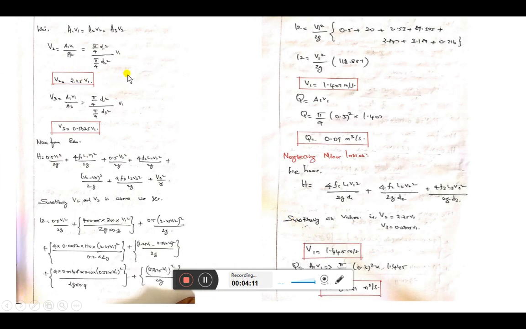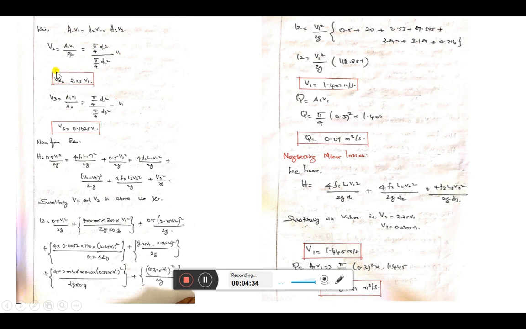We know that since the pipes are connected in series, the discharge is constant. So A1 V1 equals A2 V2 equals A3 V3. First we take A1 V1 equal to A2 V2. So V2 will be A1 V1 by A2, that is pi by 4 D1 square over pi by 4 D2 square, into V1.